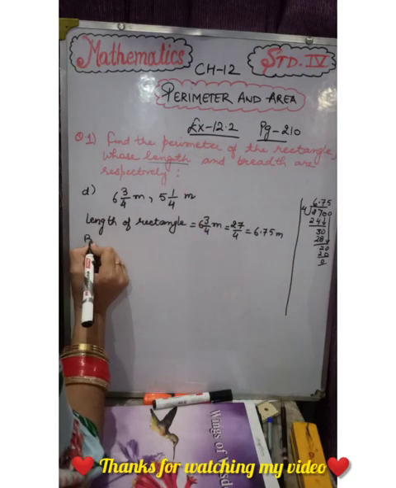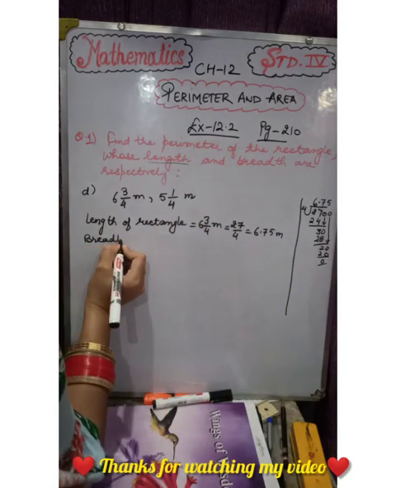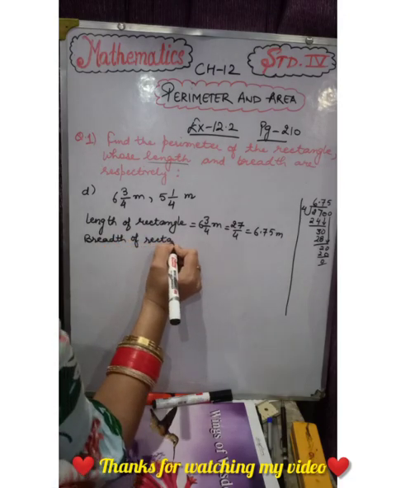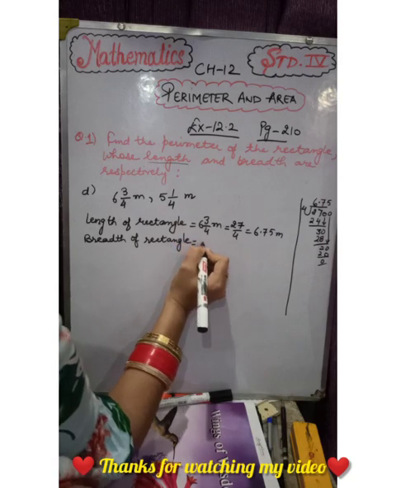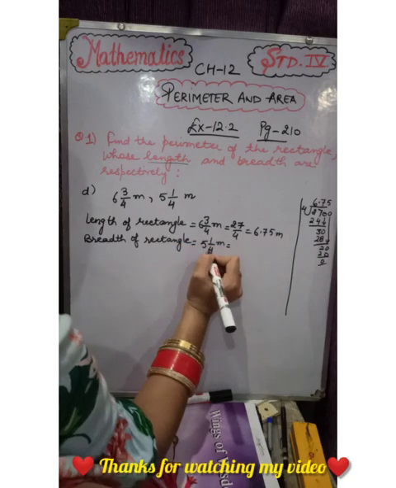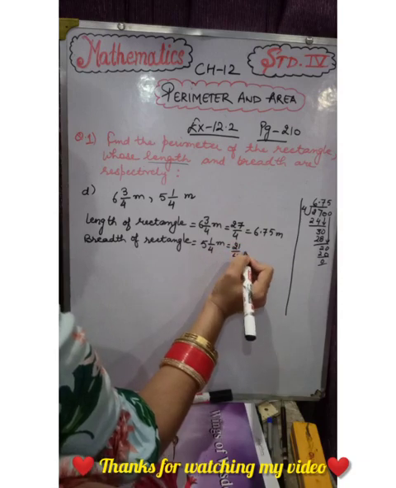Next, breadth. Breadth of rectangle 5 into 1 by 4 meter, 21 by 4.